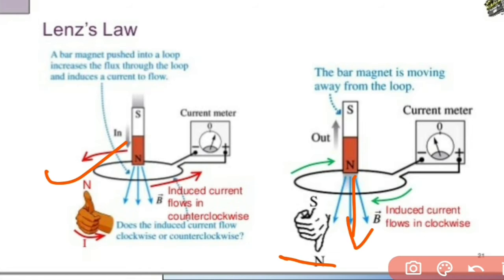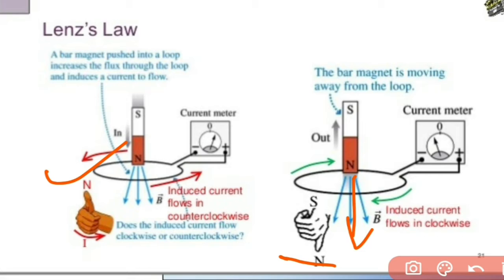Keeping the thumb of the right hand in the downward direction, when you curl the fingers, you can see the direction of current is clockwise. So when the bar magnet is moving away from the loop, the direction of induced current is clockwise.